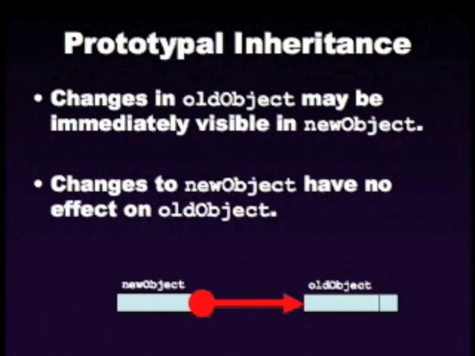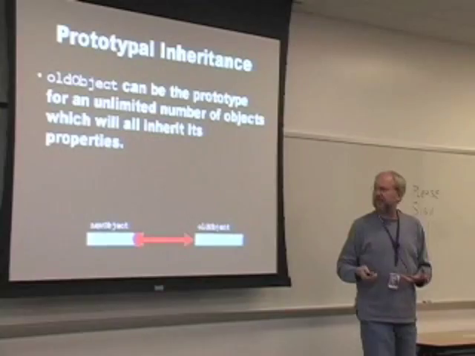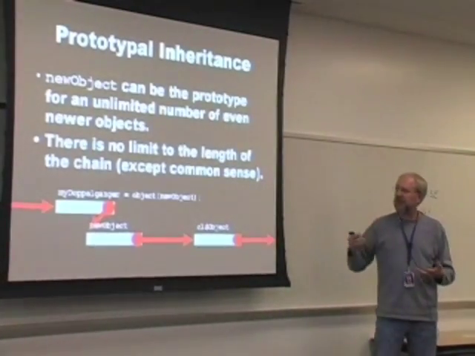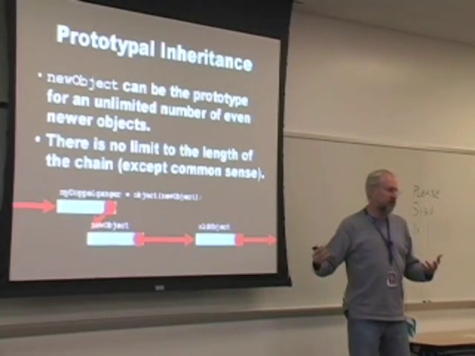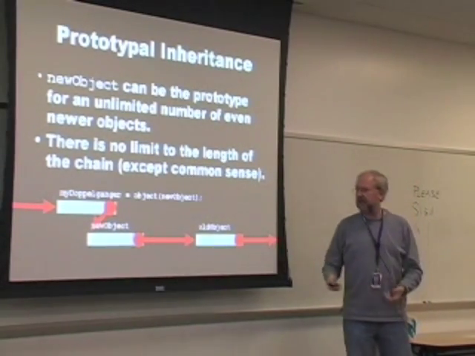So the old object can be the prototype for any number of instances. And then the new object can also be the prototype, and we can continue that as far as we can keep in our heads. You can get to the point where it becomes unwieldy, but the JavaScript system does not impose any limits on how long this chain can get.